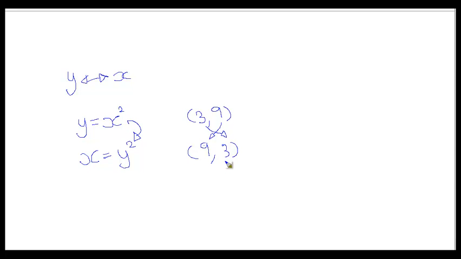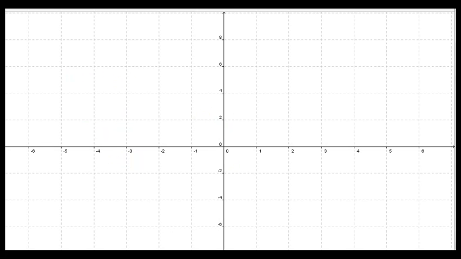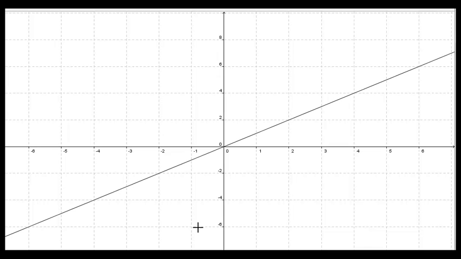Now if we were to take a look at all of this graphically, we'd see that the inverse function is just a reflection of the original function. So if we just draw the line y equals x, just like this over here, which just goes through the origin of the graph at a 45-degree angle, and we draw the original and inverse functions, we'll see that the inverse function is a reflection of the original function across the line y equals x.